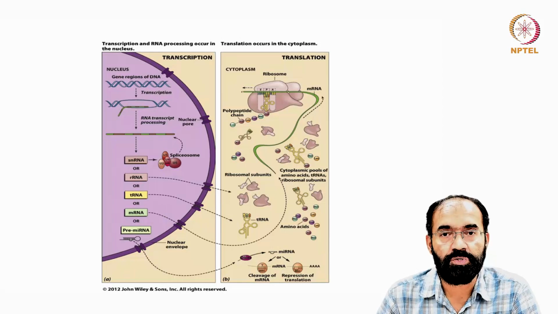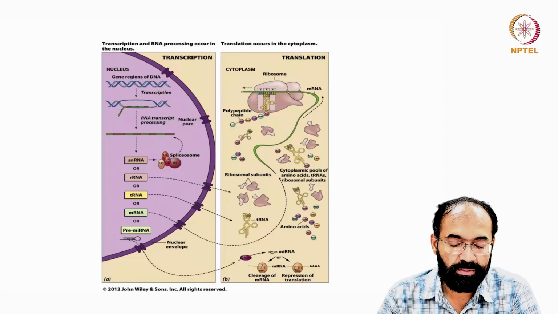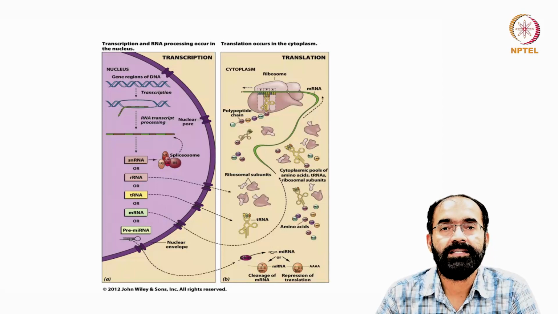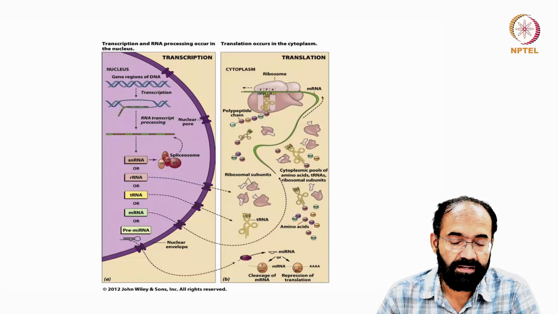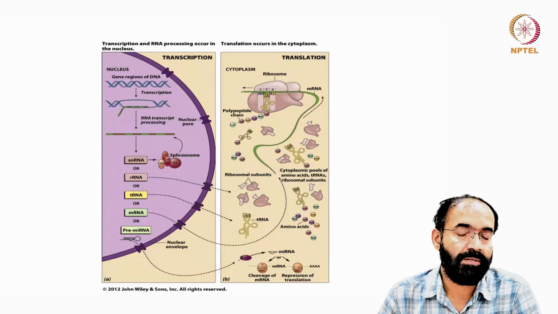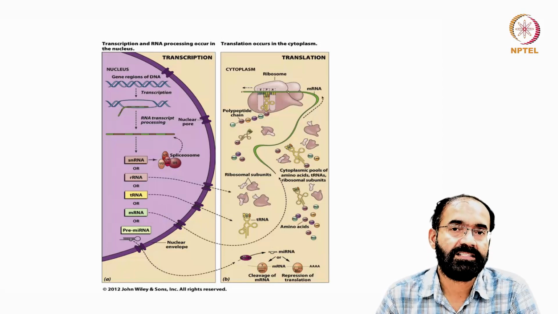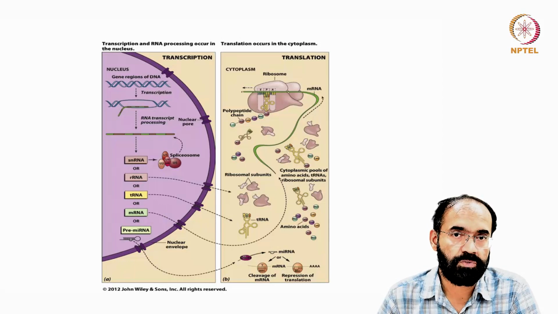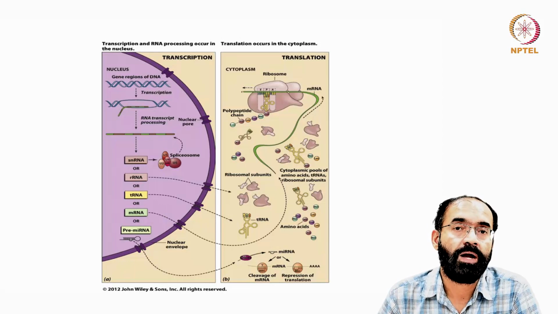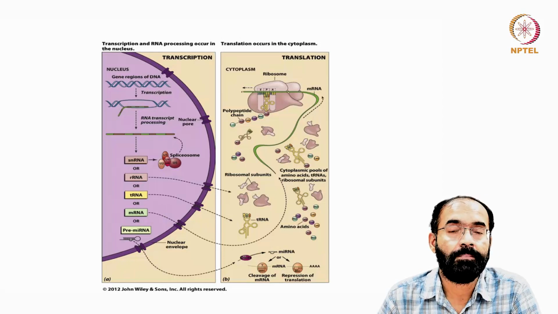And once it is matured, it has to come out through the nuclear pore complex. The nucleus is a 3-dimensional structure which has openings in multiple places, and we refer to these as the nuclear pores, just like doors in your house. If you want to move from one room to another, you have doors. To enter from outside into your house, you need to have a door.